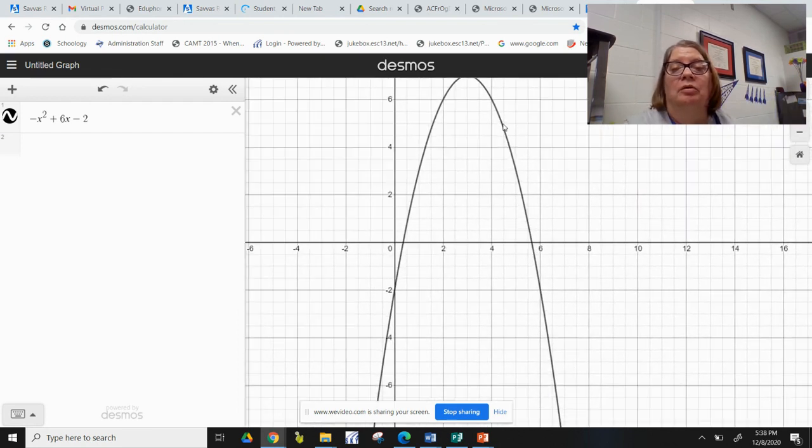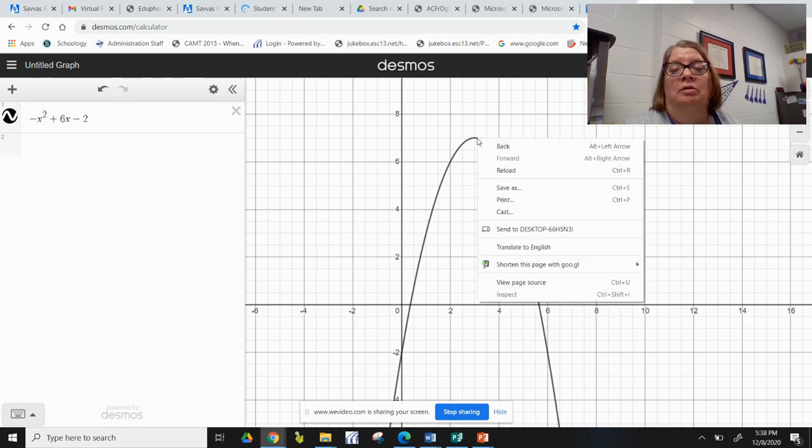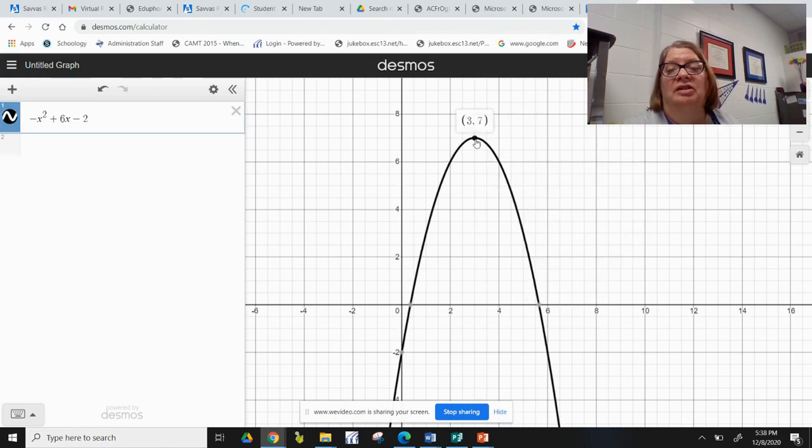Vertex is 3, 7. We said the axis of symmetry was x equals 3. That's true because that line, the axis of symmetry, goes through the vertex. We said that the y-intercept was 0, negative 2. That's right. We said the point symmetric to the y-intercept was 6, negative 2.